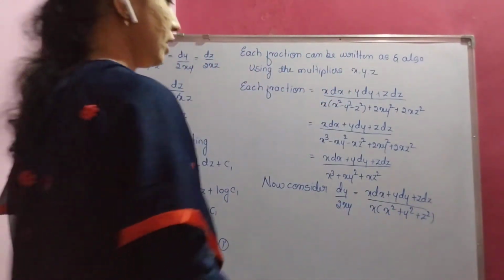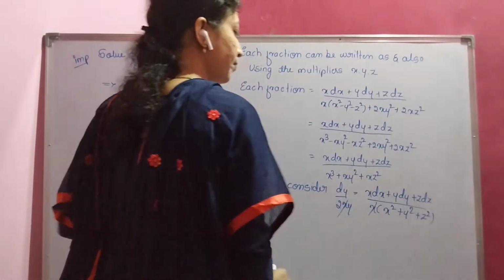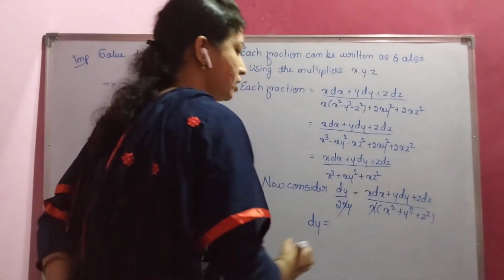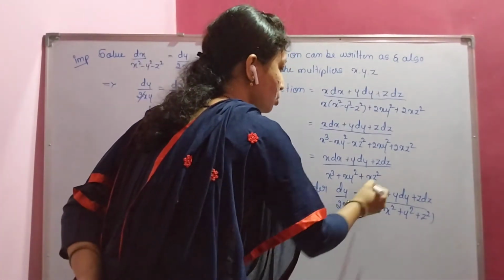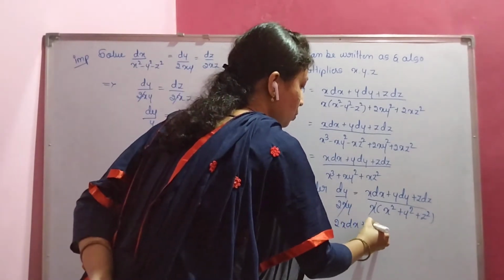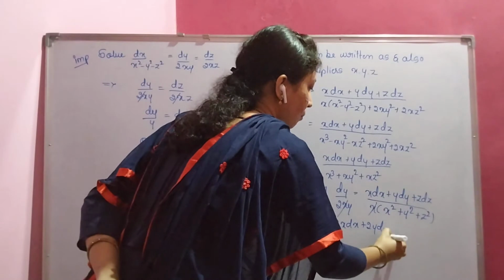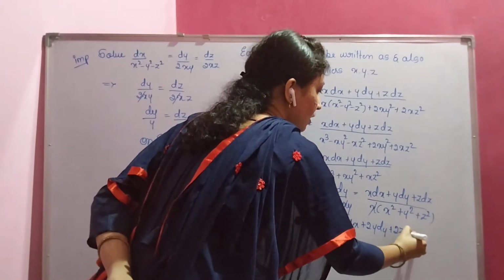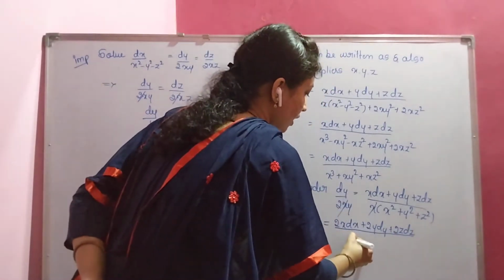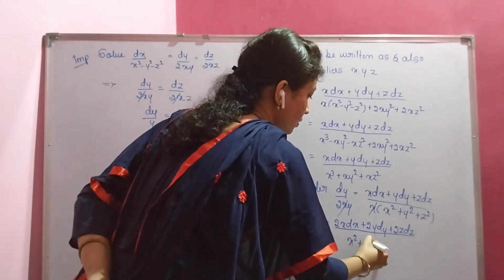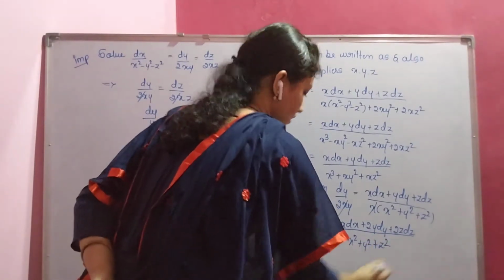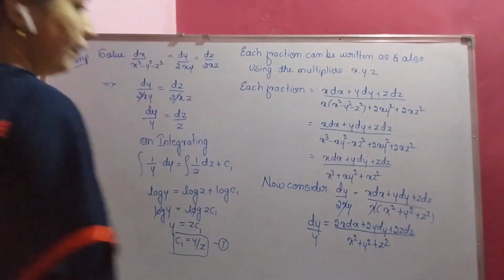Here the term x cancels, so dy is equal to, transferring this 2 to the RHS, 2x dx plus 2y dy plus 2z dz divided by x square plus y square plus z square.